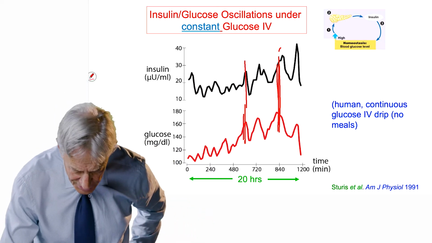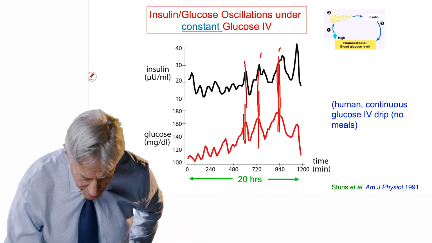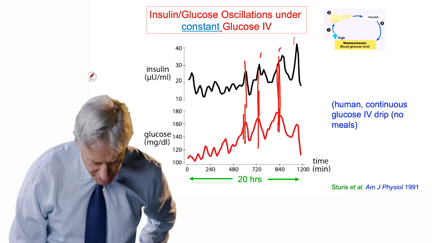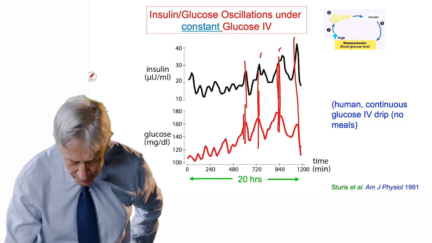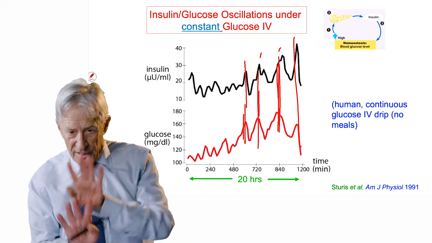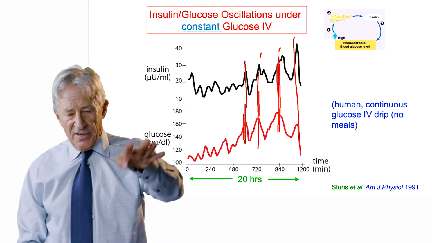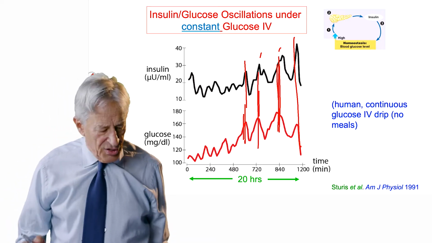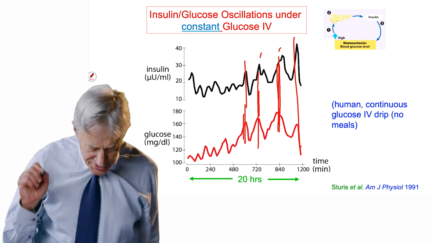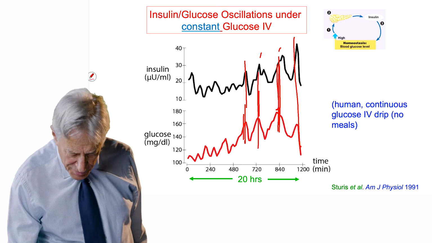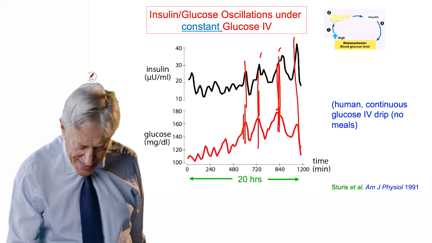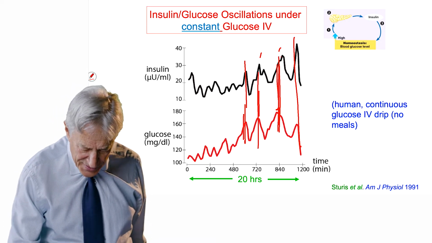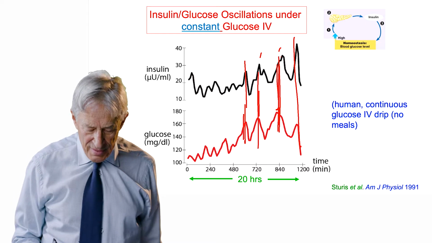You will notice that the peaks pretty much align. There's a coherence here between the insulin oscillations and the glucose oscillations. You will also notice that the glucose peaks slightly lead the insulin peaks.